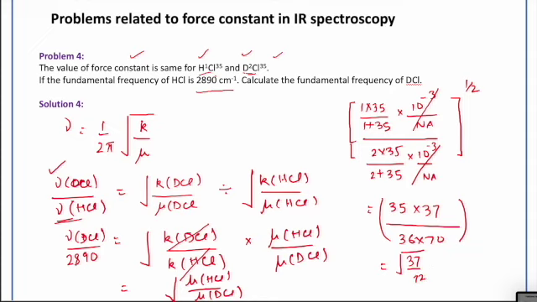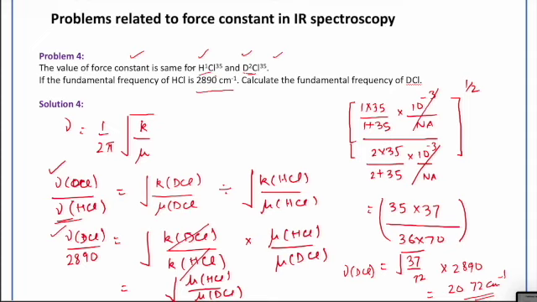And I need to calculate the value of the frequency of DCl. So frequency of DCl will be equal to this term multiplied by 2890. Okay, so what do we get? We get 2072 centimeter inverse. This will be the frequency at which we will get a band for DCl.